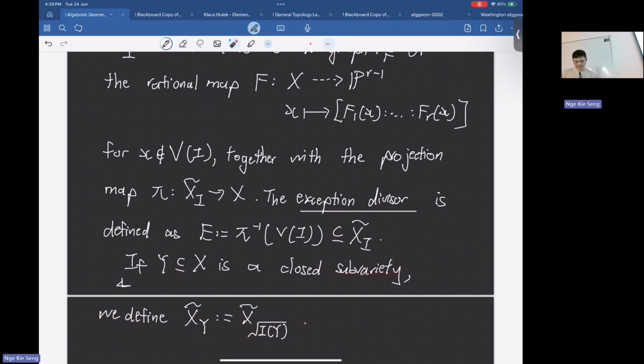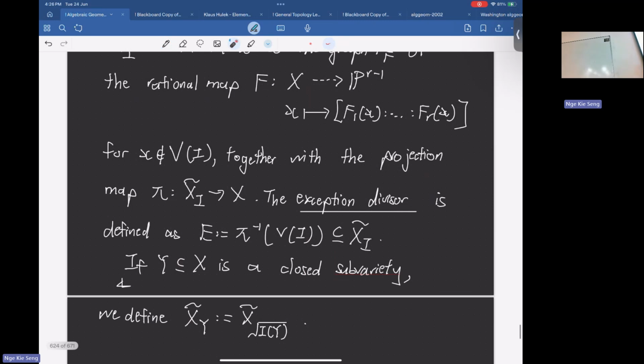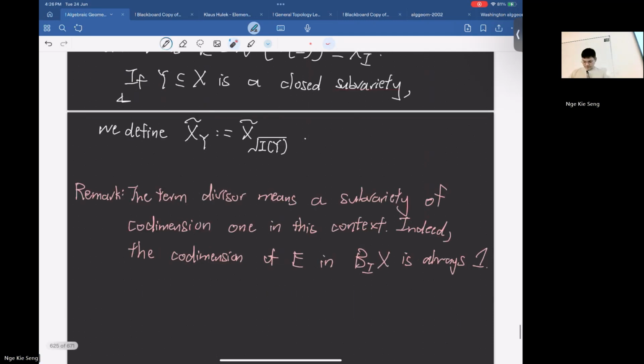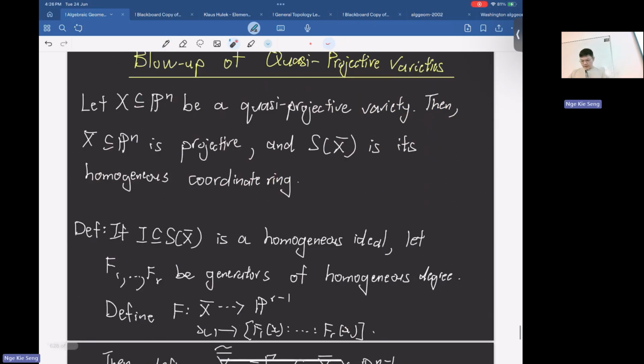Same thing here. One thing you want to take note of is, let's say I want to blow up some closed subvariety. What should we do here? If you want to blow up a closed subvariety inside X, perhaps you need to use the radical of the defining ideal.